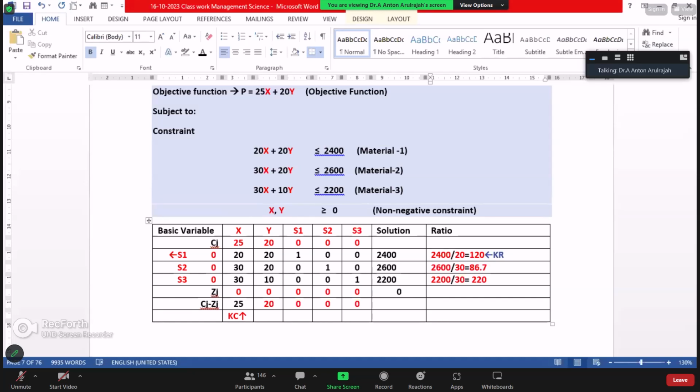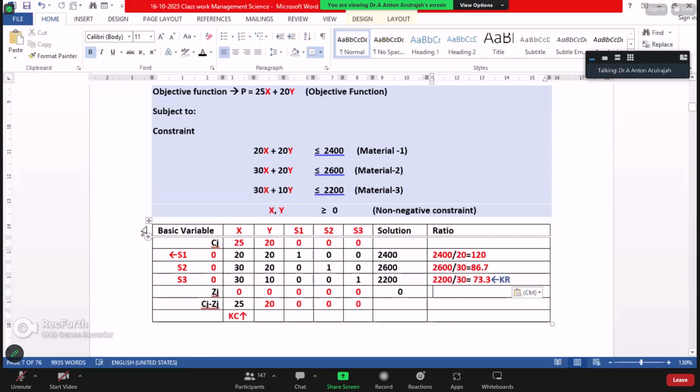Then 2,200 divided by 30, 73.33. Right? So therefore now, what is the key row? Now it's changing as the 30.